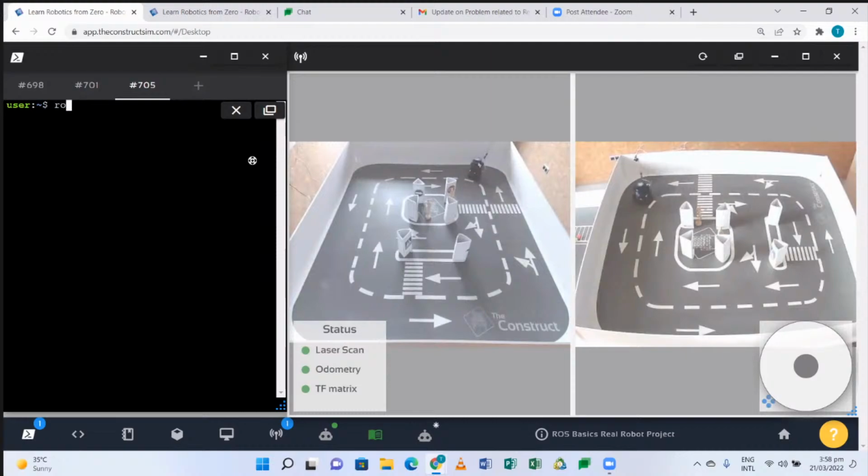And the result topic would be echoed just once after it has completed one lap. Okay, so we're almost done with one lap, right? Yes.